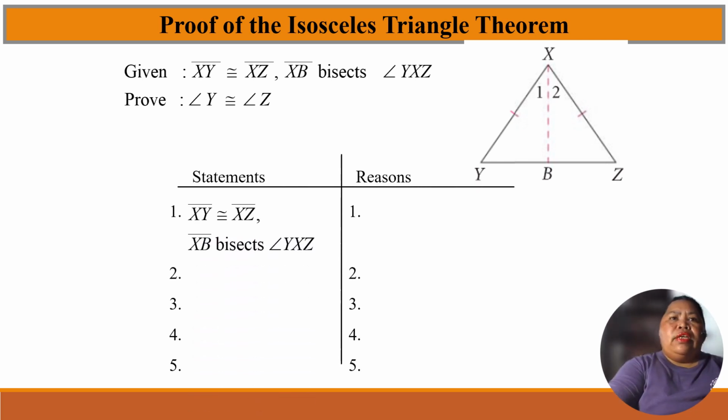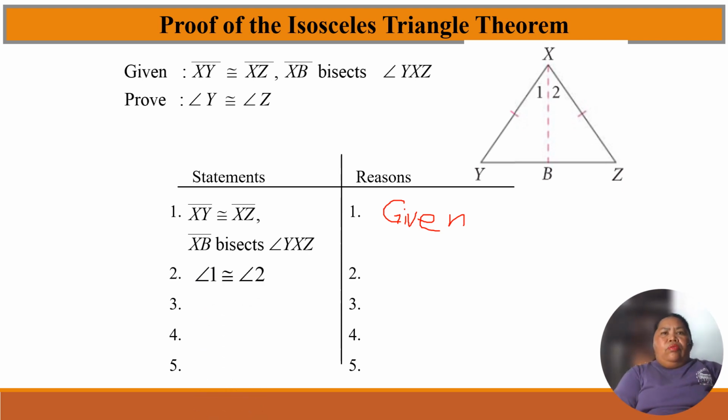So first statement: XY is congruent to XA, and XB bisects angle YXA. So what do you think is the reason? The reason here is given. Next, second statement: angle 1 is congruent to angle 2.